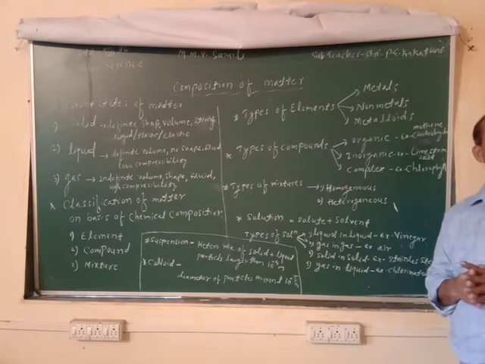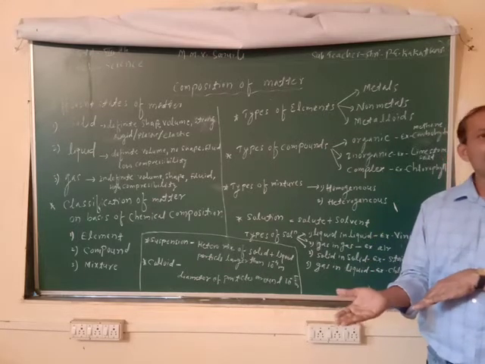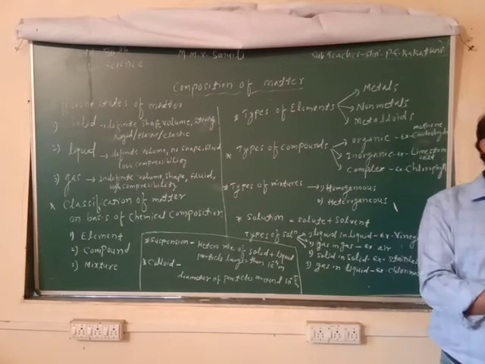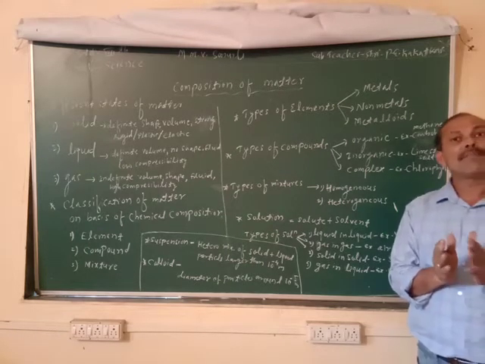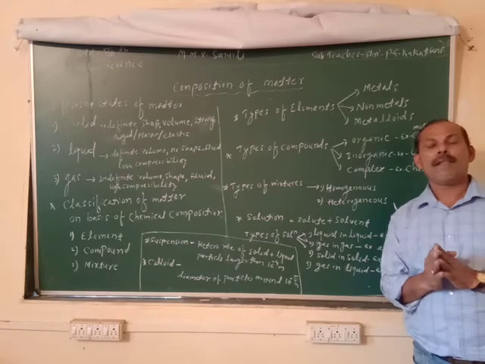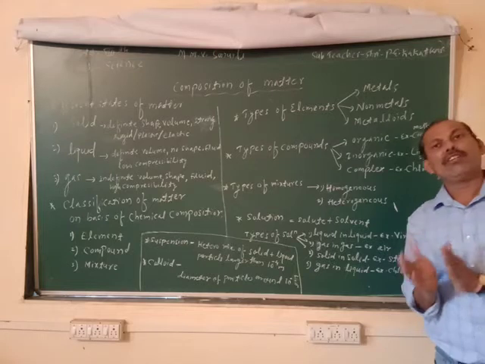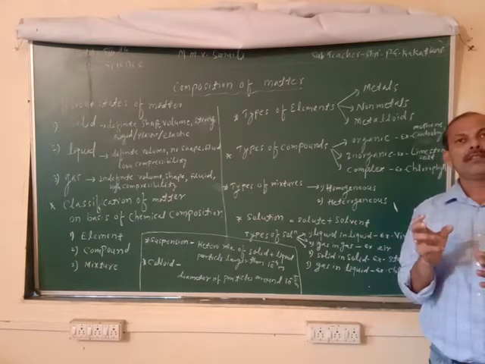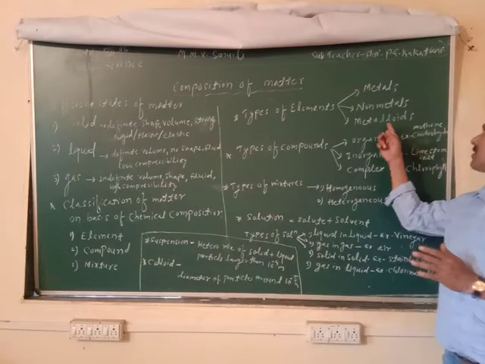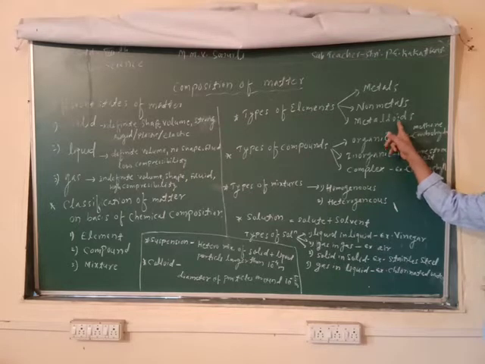Elements having some properties of metals and some properties of non-metals are known as metalloids. Both properties we can get in metalloids. For example, silicon, germanium, arsenic. These are the examples of metalloids.